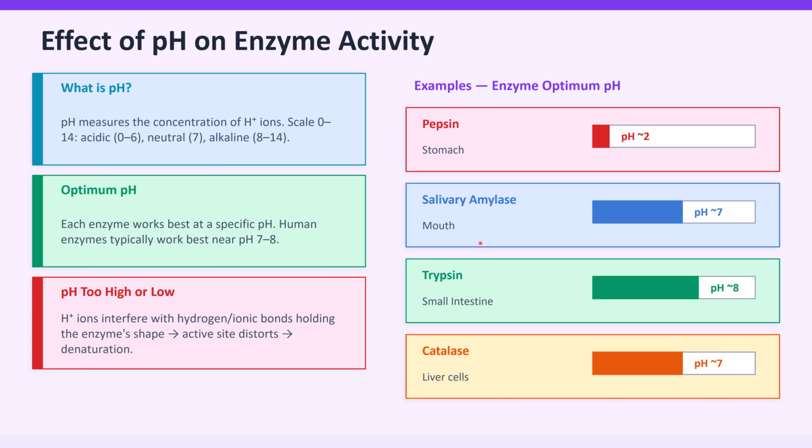In our mouth it stays right at neutral pH 7. Trypsin, working in our small intestine, prefers a slightly alkaline pH 8. And then catalase, present in our liver cells, works at a neutral pH of 7.